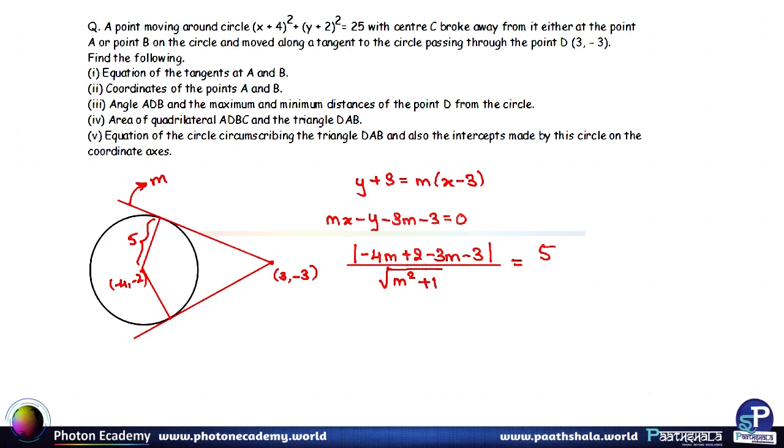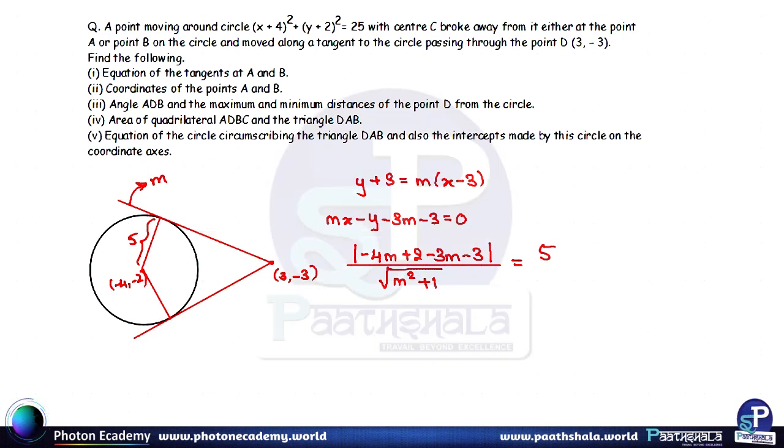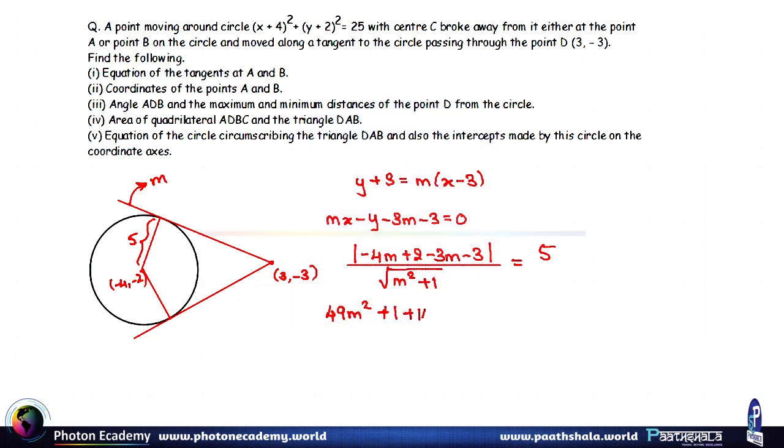Squaring both sides, in the numerator we have -7m -1, so that is (7m plus 1) square, so that is 49m square plus 1 plus 14m, and this should be equal to 25m square plus 25.